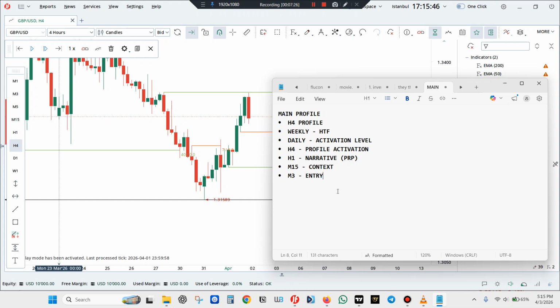Number one, the advantage of H4 profile being your main profile is that it's kind of slow compared to H1, and so it will help you develop yourself in terms of patience, and also your skill level, your entry precision.